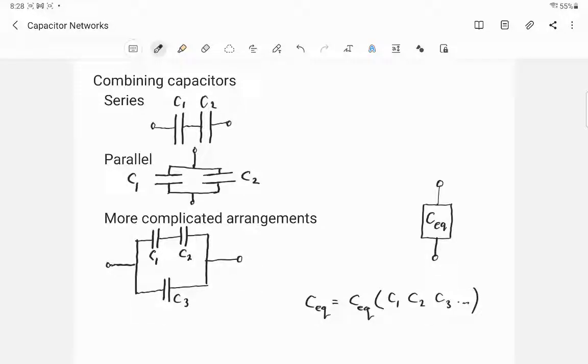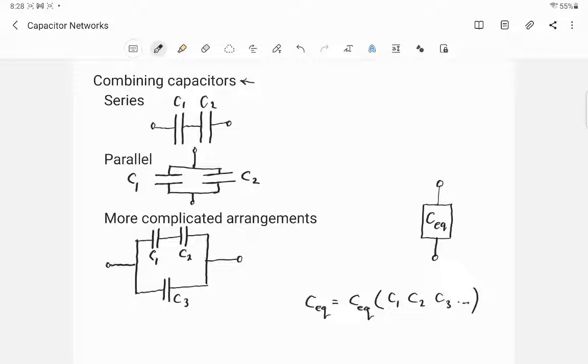Hi, this lecture is to introduce you to some of the issues that you'll see when you are combining capacitors, right? So the title of this lecture is Capacitor Networks.